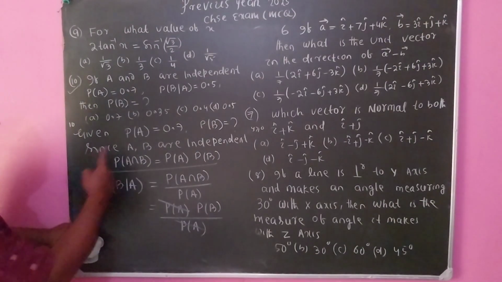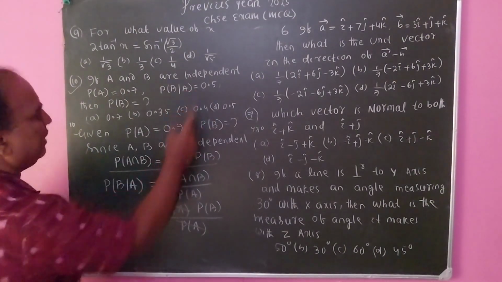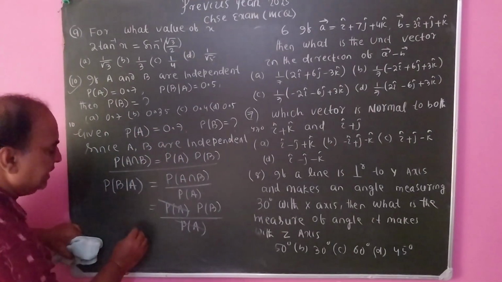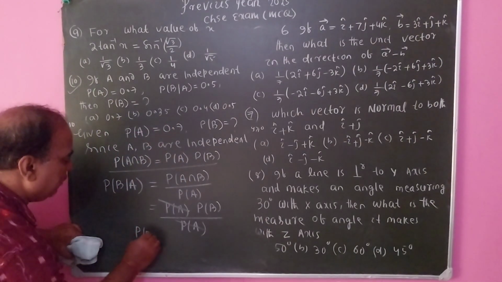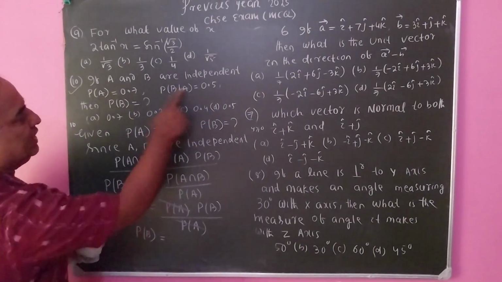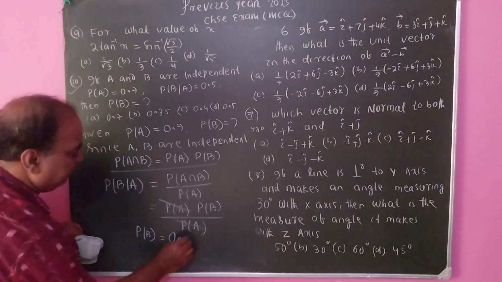Probability of B by A is given as 0.5. So write down probability of B is equal to probability of B conditional A, 0.5.